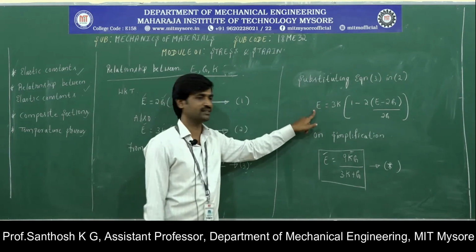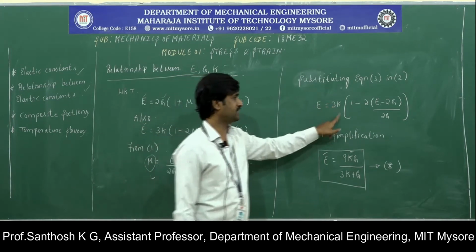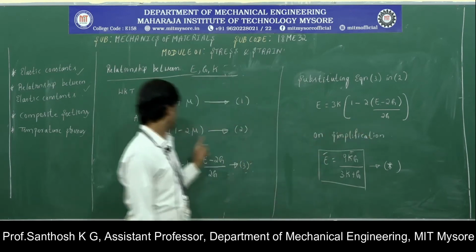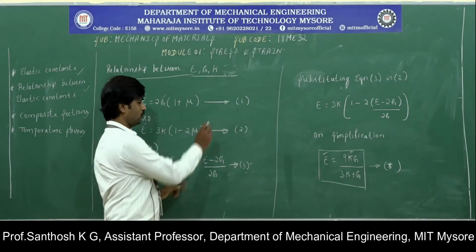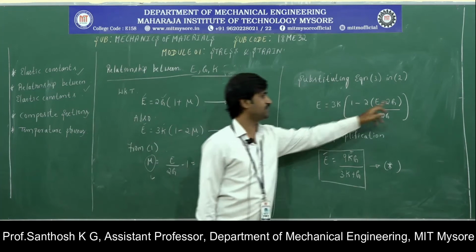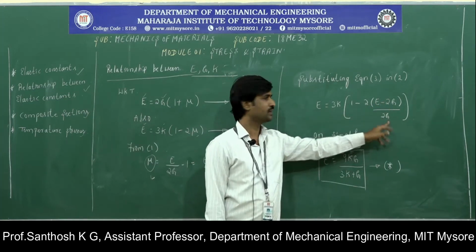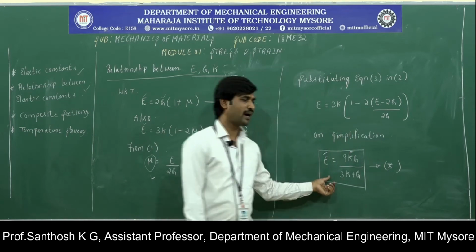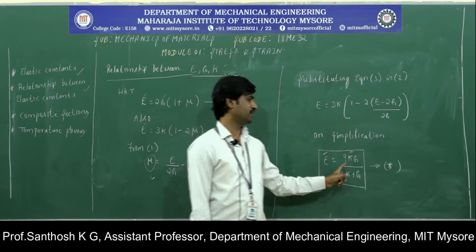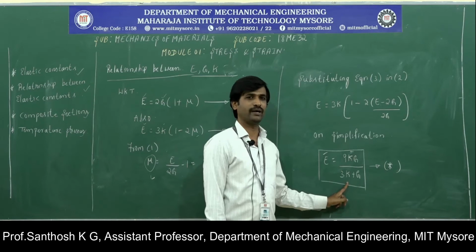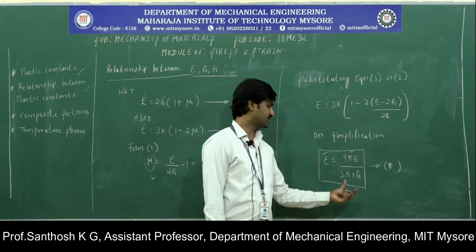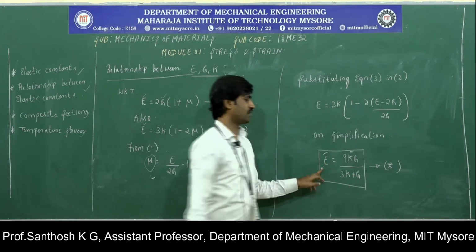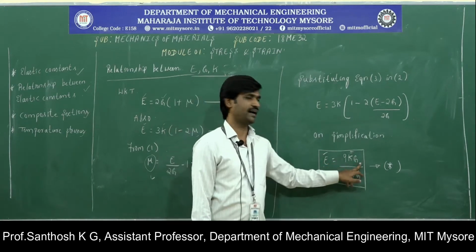So I will get E equals 3K into 1 minus 2 into, in place of mu, E minus 2G divided by 2G. If I simplify this equation, I will get E equals 9KG divided by 3K plus G, which relates the elastic constants E, K and G.